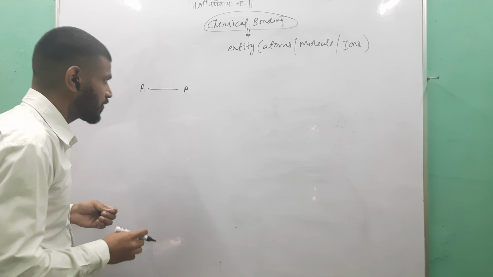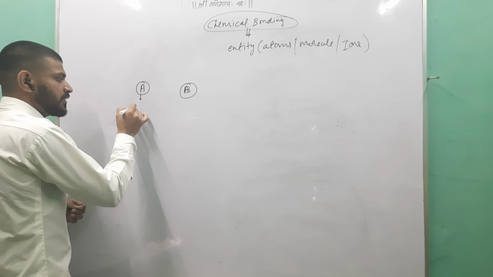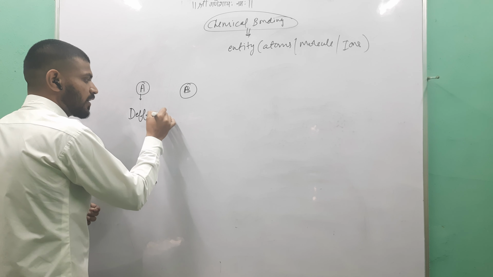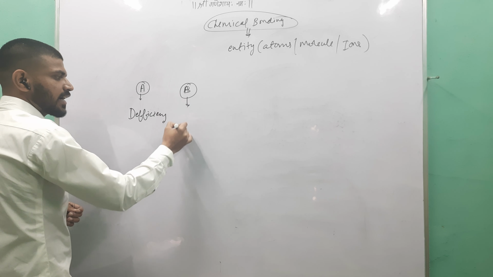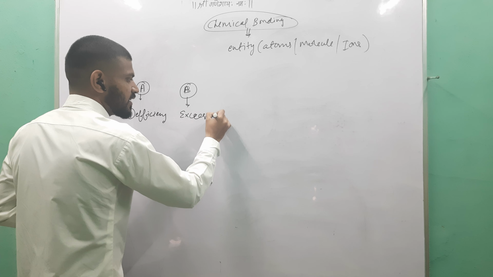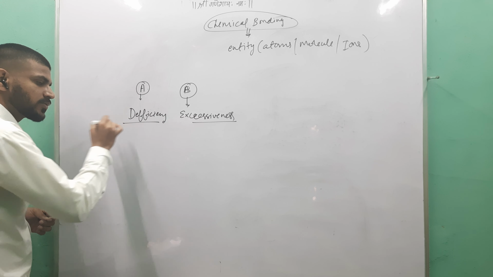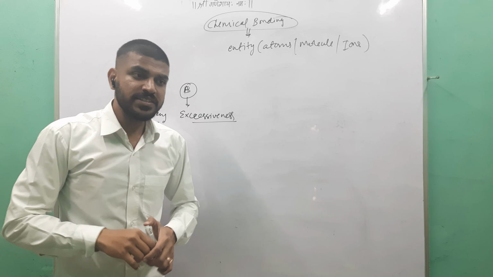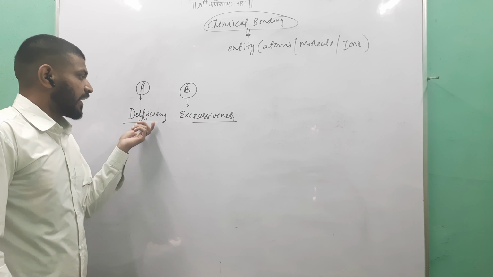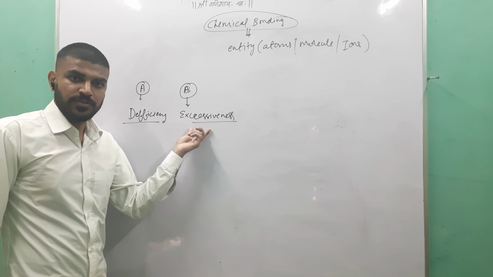Look, we have an atom A and we have another atom, let's say B. Let's say this atom has some kind of deficiency, and this atom has some kind of excess. Bonding is a result of one being deficient and the other being excessive.